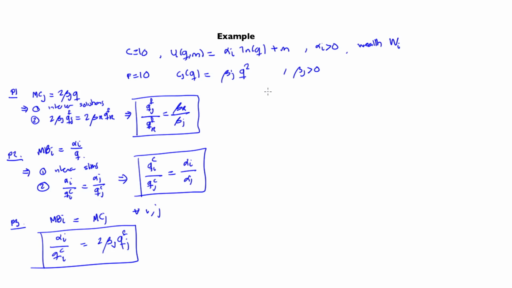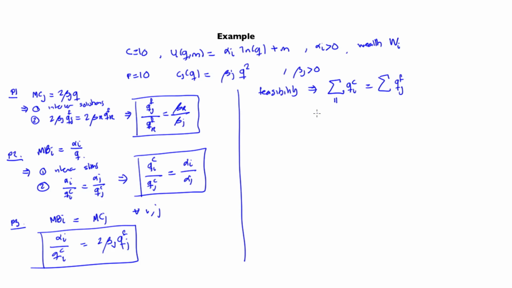And the key is to remember feasibility. We know that the allocation is feasible, so look at the feasibility constraint. It implies that the sum over the amount consumed by consumers has to be equal to the sum over the amount produced by firms of good q. Now I'm going to expand this with algebra, using this formula with k equals 1 for every consumer.